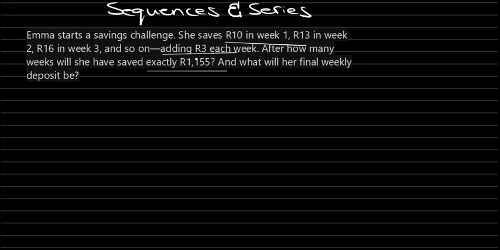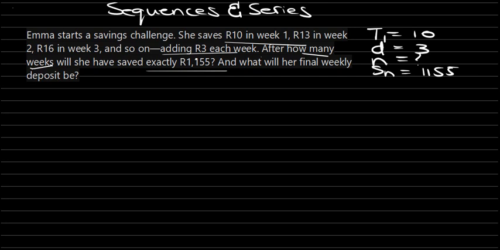So let's just see what our information looks like. T1 equals 10, d equals 3. We do not have n. That is actually what we need to find out. They're asking how many weeks. In this case, n is how many weeks. And then we have Sn, which equals 1155.